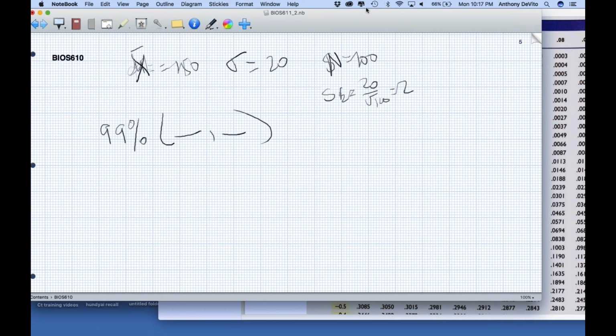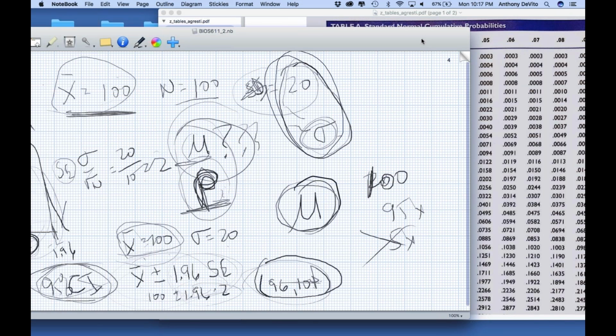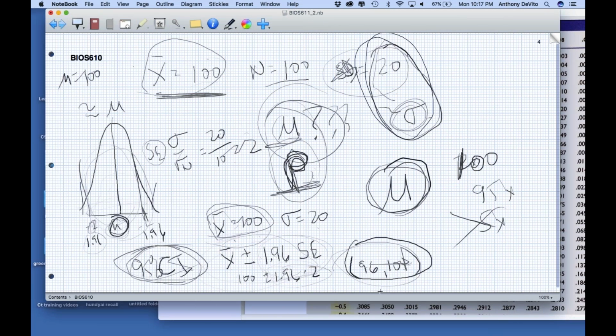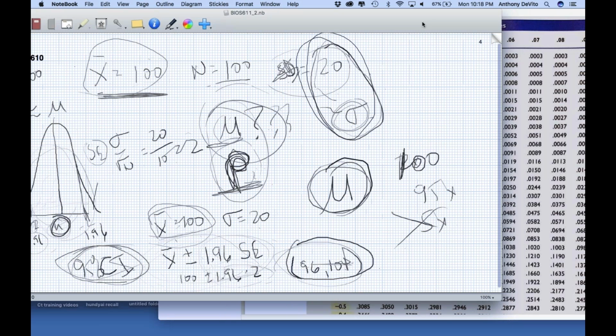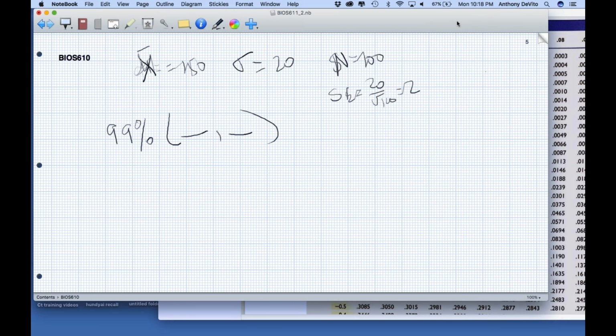So let me ask you something. I am going to recalculate my confidence interval, except this time, instead of being 95% confident, which gave me a confidence interval of roughly 96 to 104, I rounded, I want to be 99% confident.